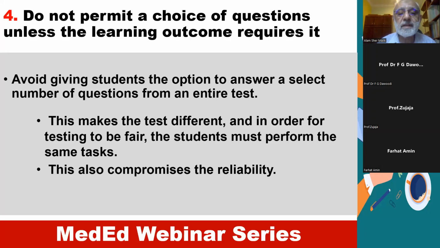Reason, this makes the test different, and in order for testing to be fair, the students must perform the same task. This also compromises the reliability. So all the questions in the paper must be compulsory, with no choice for students to select the questions they want to answer.